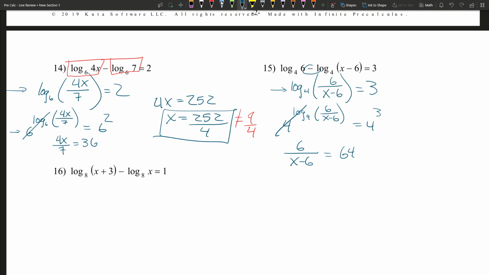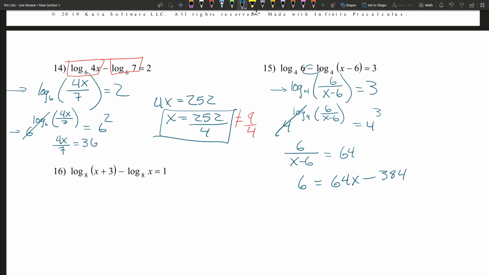Then you multiply by x minus 6 on both sides. So you get 6 is equal to 64x minus 384.